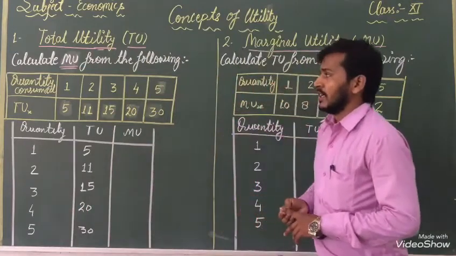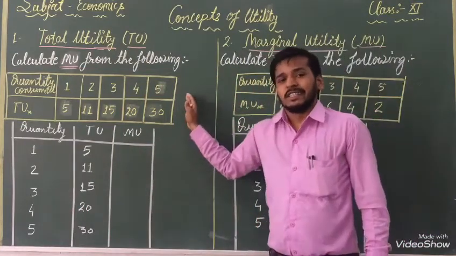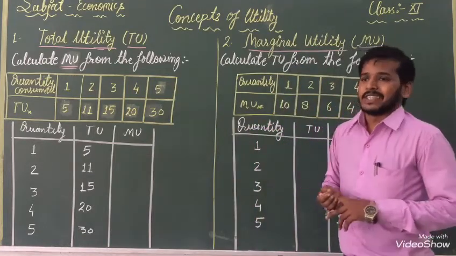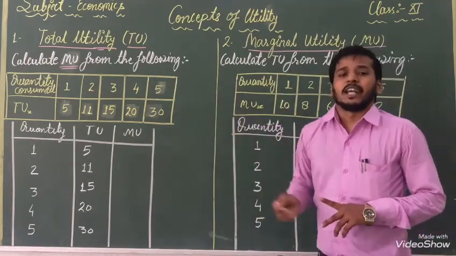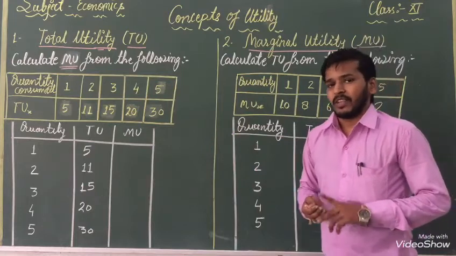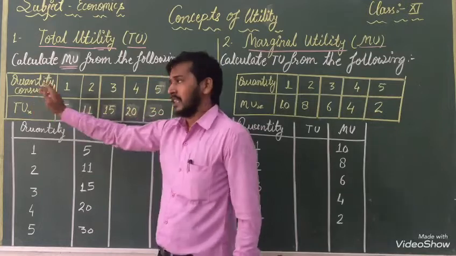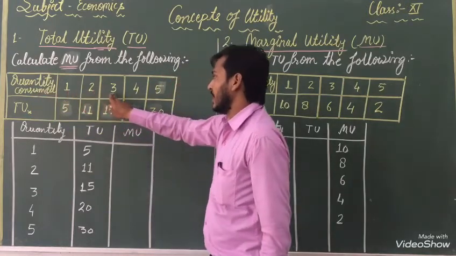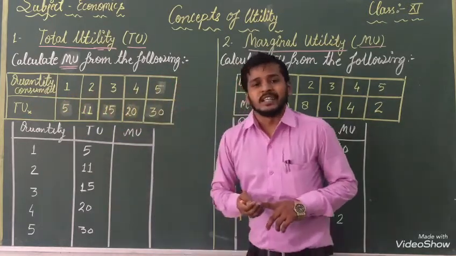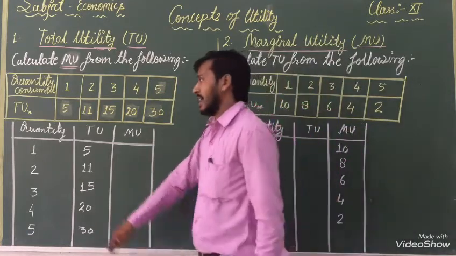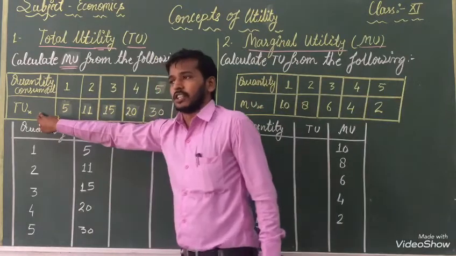Dear students, you have to see here, I have made one table with the help of tabular explanation. Quantity consumed means 1, 2, 3, 4, 5. Downside, I have written total utility.